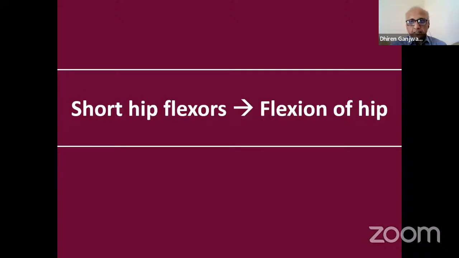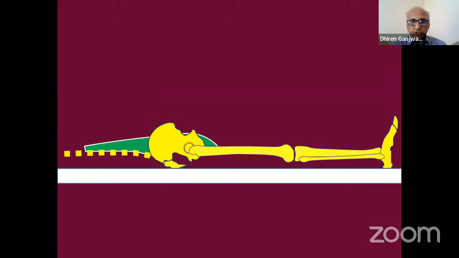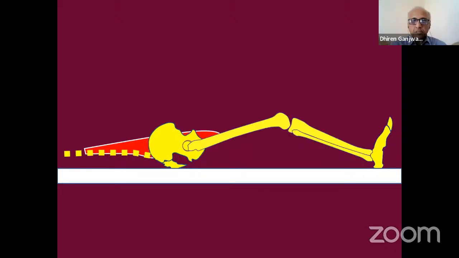So short hip flexors lead to flexion at the hip joint. Let's say this is a normal child where the psoas or the iliopsoas is normal in length, and this child will be able to lie supine on an examination table with the hip completely extended. However, when the iliopsoas is short and the child tries to lie down on the examination table, if the spine is touching the table, then the femur remains in slight flexion, like shown in this picture.